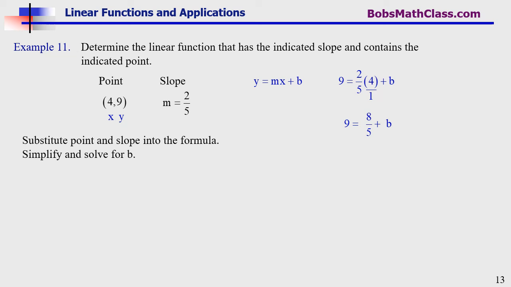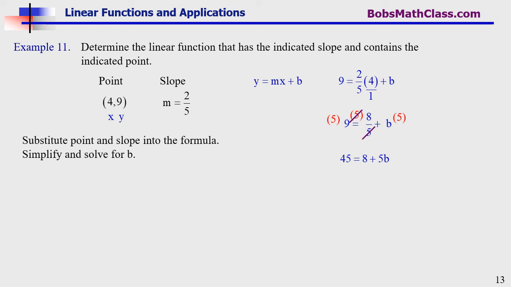And then it's up to you here. You could either multiply by 5 everywhere to clear fractions, or you could subtract 8/5 on both sides. It's totally up to you. I'm going to clear fractions, so I'm going to multiply everything by 5. On the right side, the 5's cancel. So now we have 45 equals 8 plus 5b.